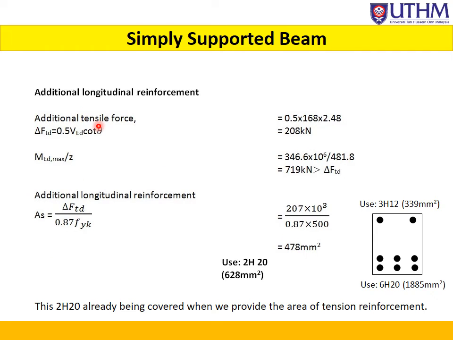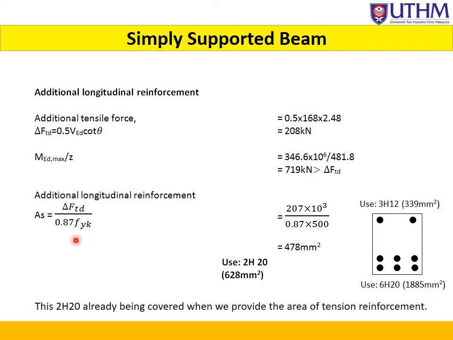We calculate additional longitudinal reinforcement due to the shear link using this formula. We get 208 kilonewton. Then we compare with the moment design divided by Z. We get 719 kilonewton. This value is more than FTD.